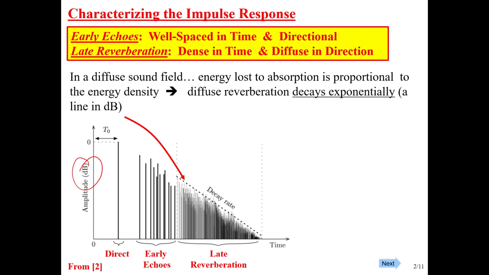And it's because once that sound field has become diffuse in the room, we can show that the amount of energy that you lose due to the absorption of the walls is proportional to the energy density of the sound field. And that's precisely what leads to an exponential kind of decay. So we can talk about the decay rate and characterize it that way. So bigger rooms are going to decay slower. Smaller rooms will decay faster.